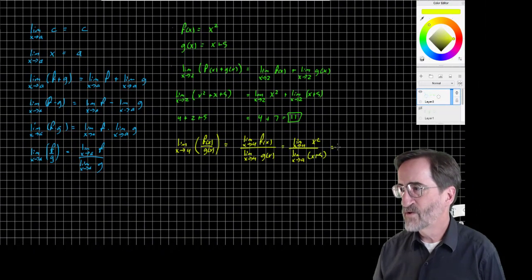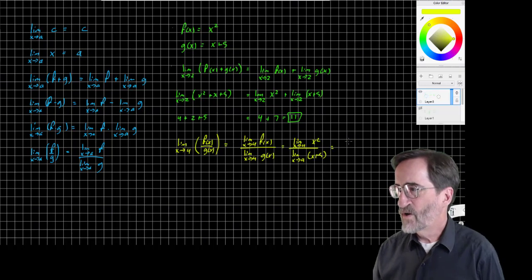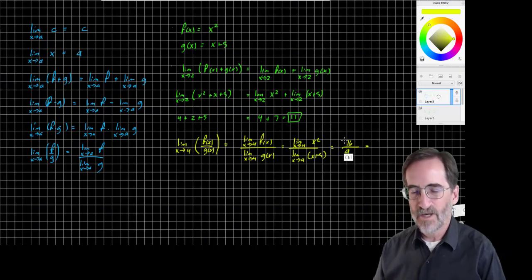Direct substitute. 4 squared is 16. 4 plus 5 is 9. 16 ninths is just 16 ninths.